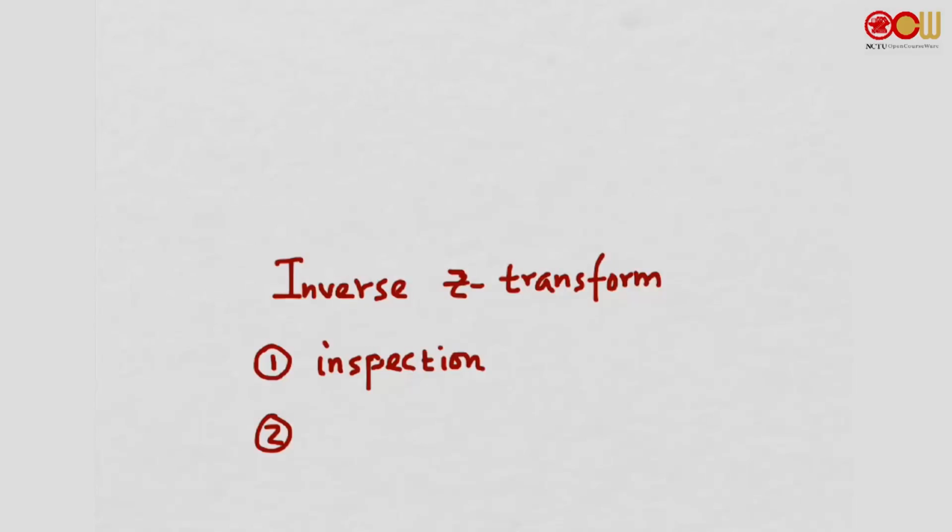Now let's talk about the inverse Z-transform. From the Z-transform and the region of convergence, we can determine the corresponding time domain sequence. The two most popular approaches for doing the inverse Z-transform are inspection and partial fraction expansion.